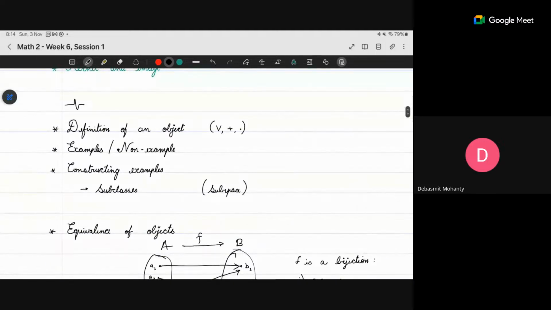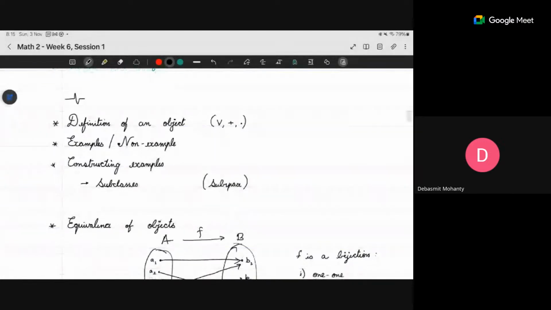So far we have seen for vector spaces what the definition is, the examples, non-examples, and constructing examples using subspaces, and some special examples like homogeneous system equations and so on. But what is the notion of equivalence of two vector spaces? This is what we want to see.